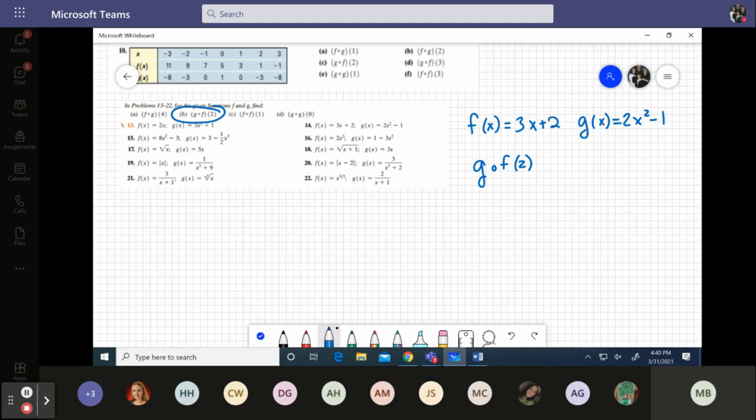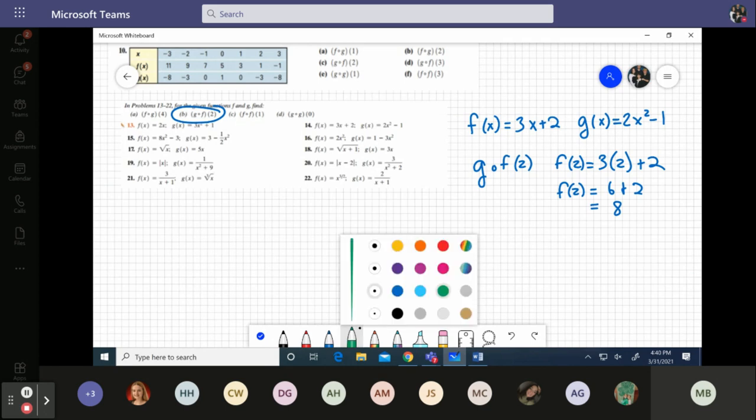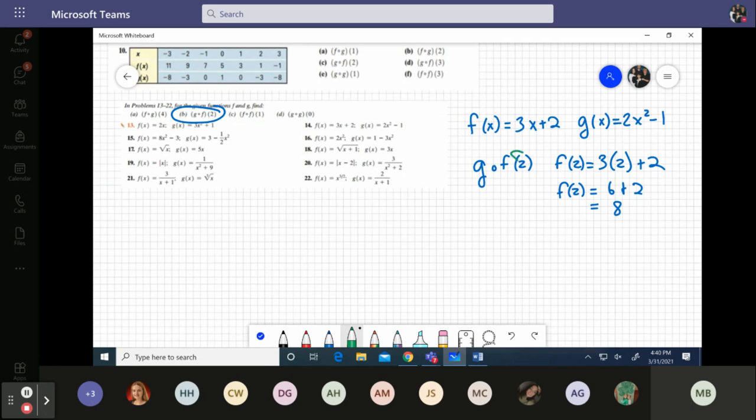So first thing I need to know is what's f of 2? 3 times 2 plus 2. So f of 2 is going to equal 6 plus 2. f of 2 is equal to 8. That means that I need g of 8, because f of 2 is 8.